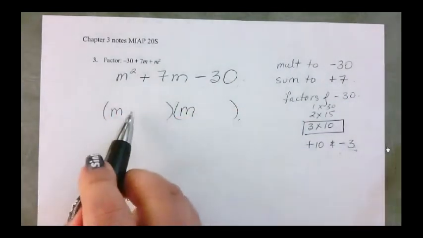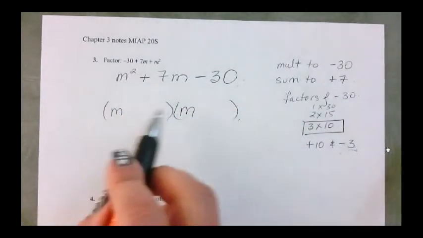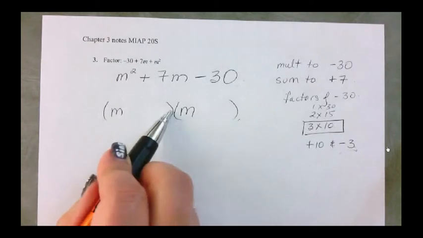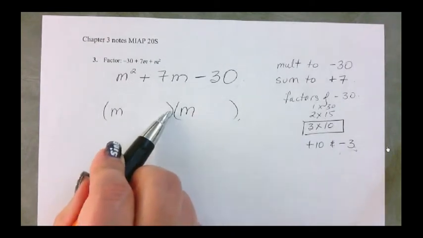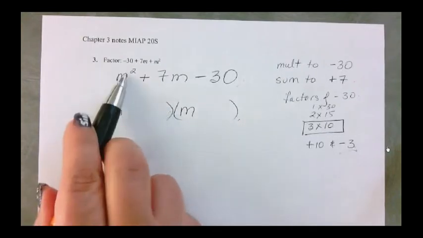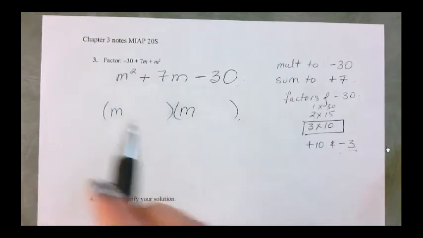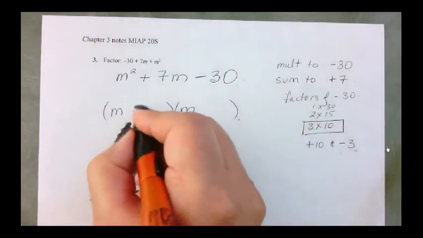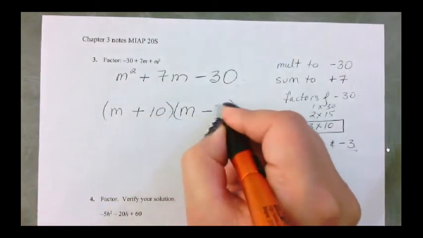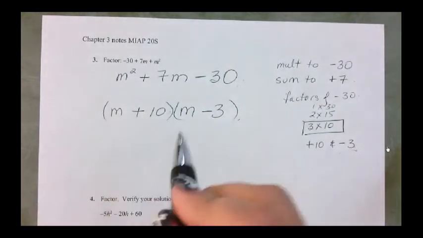So we need an M and an M out in front. What is this M and M going to give us, other than tasty chocolates? It's going to give us this M squared, right? Okay. And then I can have a plus 10 here and a minus 3 there. So let's just verify this.